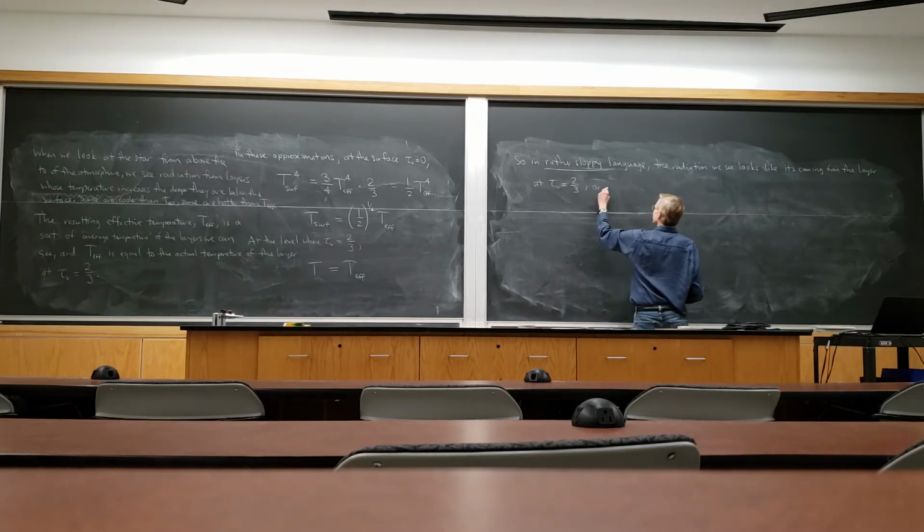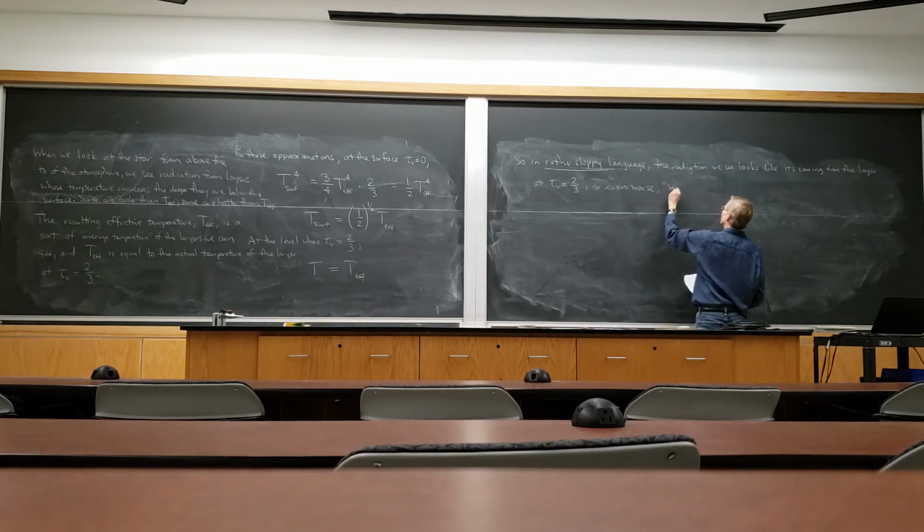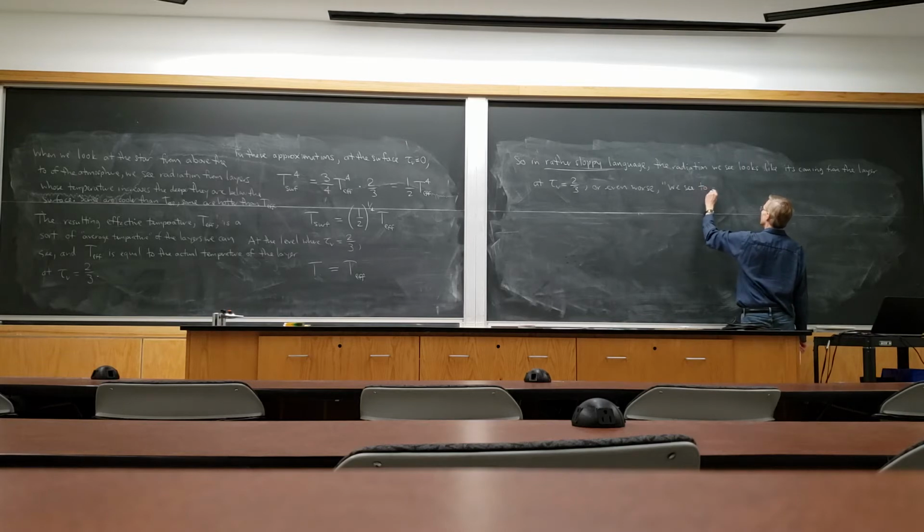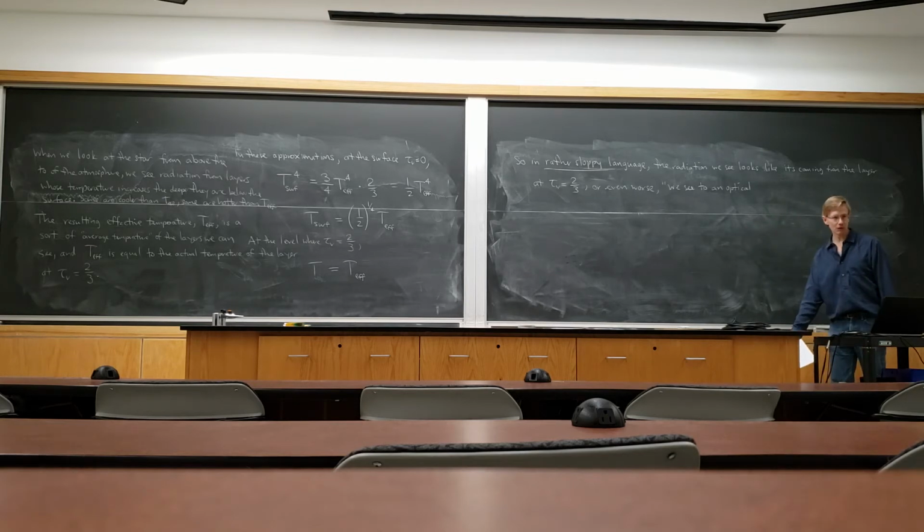Or even worse, because you will hear this, and this is really sloppy: we see to an optical depth of 2/3. But we don't. We see well below that. But it's as though what we're seeing kind of looks like it's coming from the layer at an optical depth of 2/3 when you blend everything together.